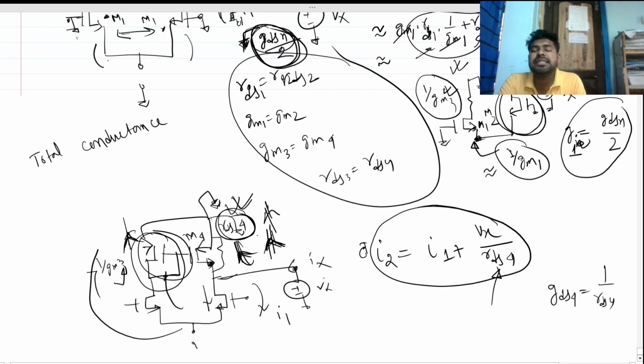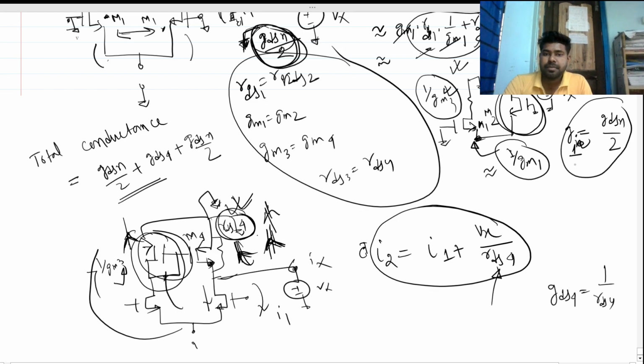You can do it in resistance format as well, but I am doing it in conductance format. The upper conductance was GDSn by 2 plus GDS4, and the lower conductance was GDSn by 2. Then the overall conductance will be nothing but GDSn plus GDS4. This 4 means P, right?